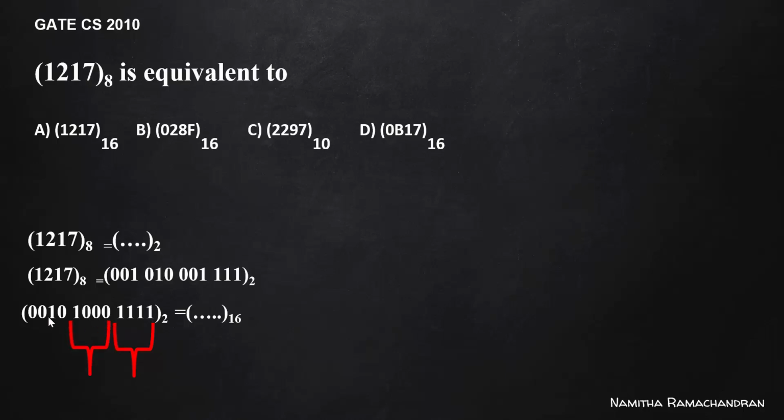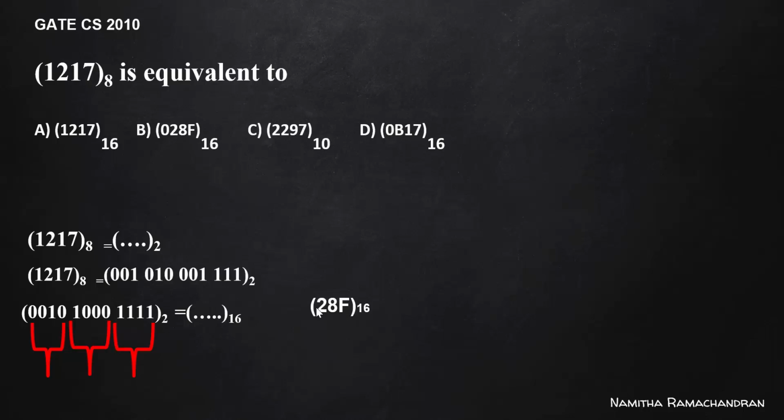The next group 0010 is the next group. Right. So this one is equivalent to hexadecimal 2. This is equivalent to hexadecimal 8. This is equivalent to 15. 15 in hexadecimal is represented using F. Okay. So its hexadecimal equivalent is 28F.